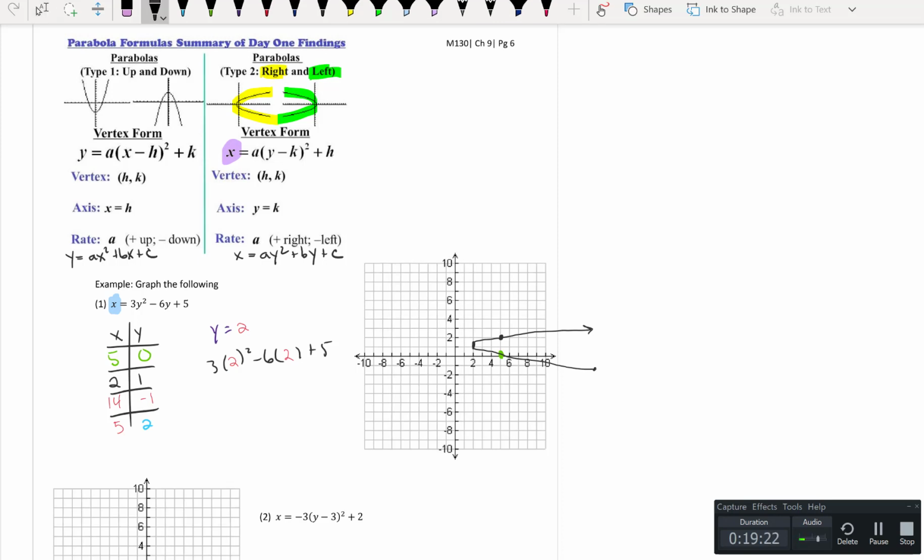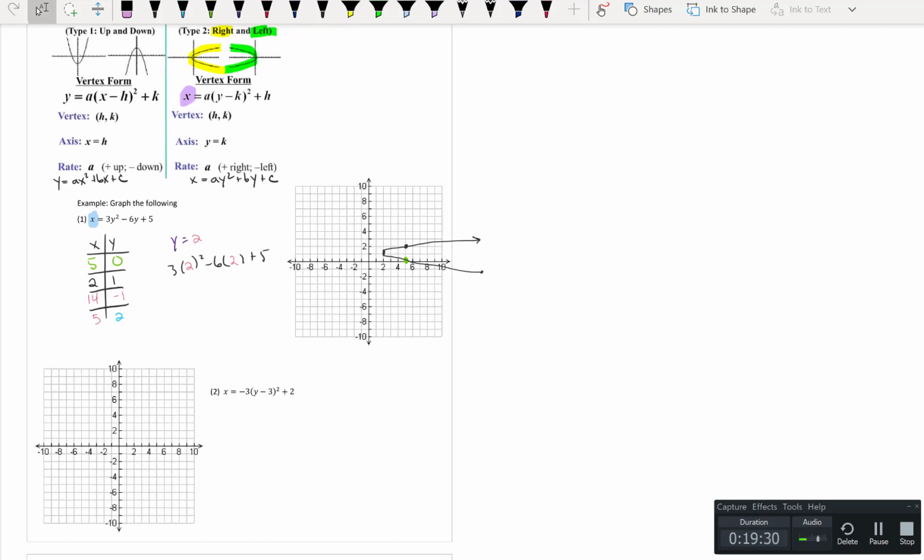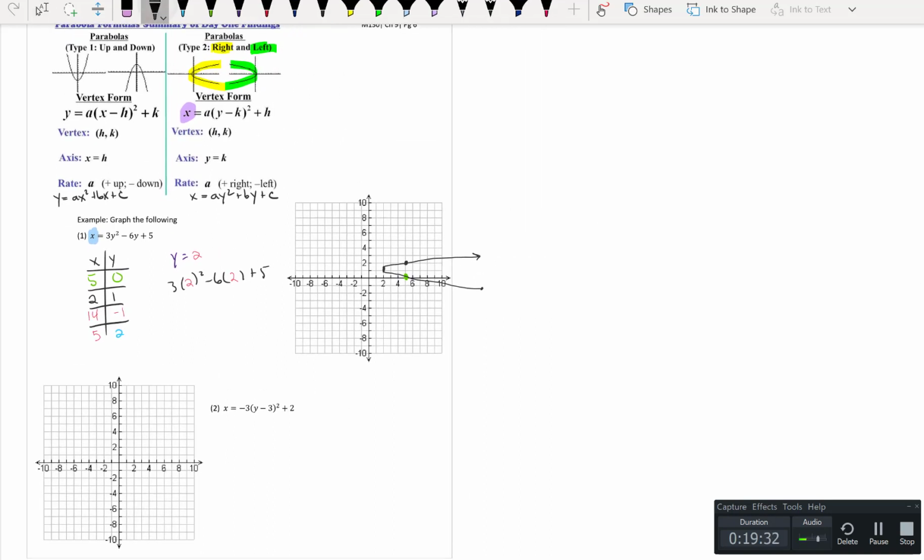So all I did was plug in some values to kind of help me figure out how to graph this thing. For the second problem, it's a little bit different because I already have my h and my k value. So notice that here I still have my x equals, right? So that's okay. And I have my h and my k value.